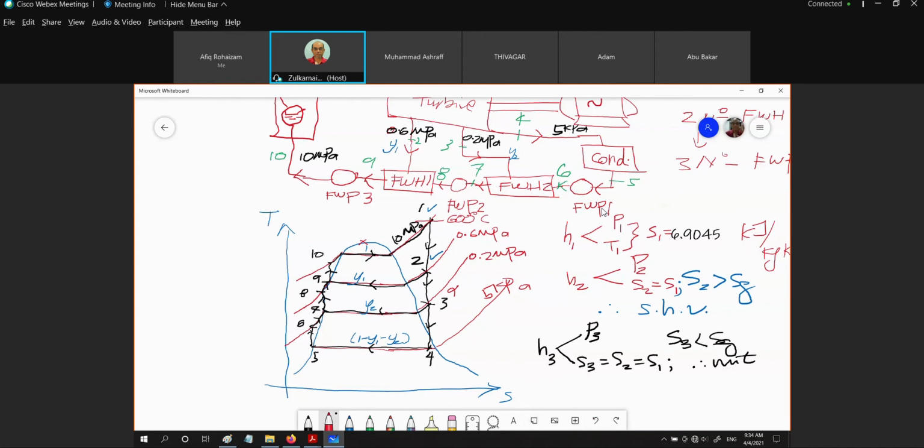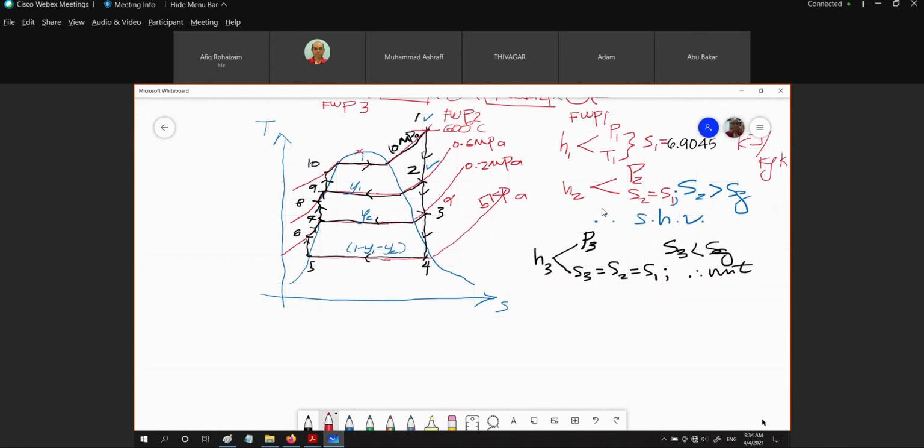And then state 4. We are using to get the H4 based on P4 and also S4, which is equal to S3 equal to S2 equal to S1. Right? The same value, 6.9045.